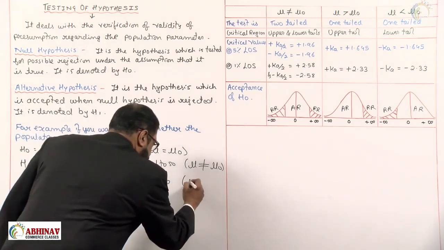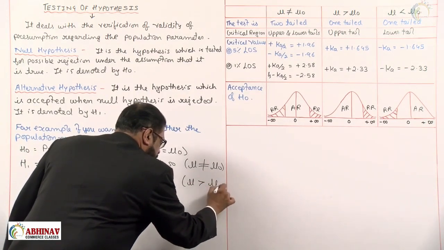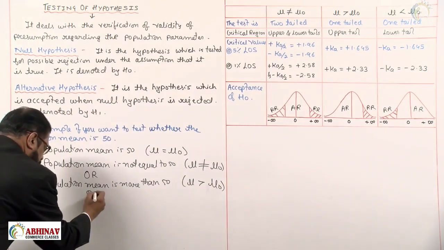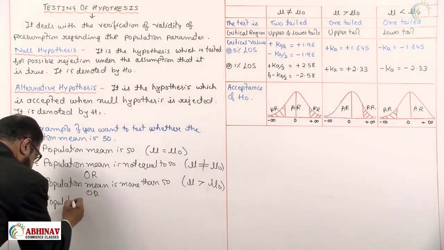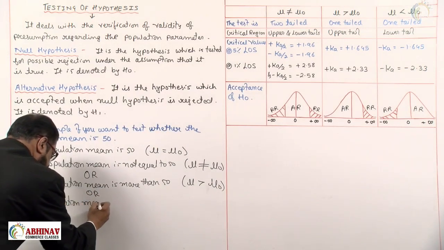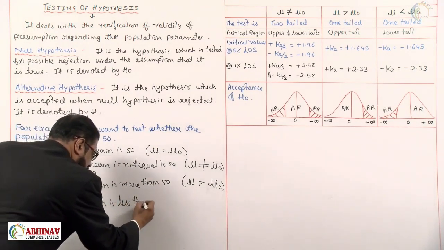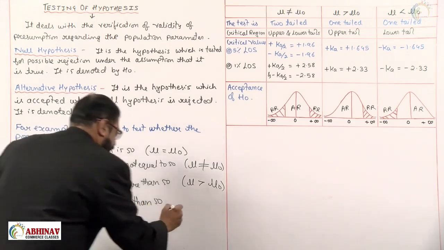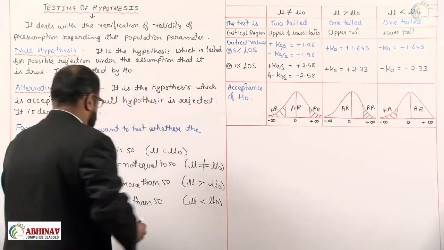More than 50 means your mu is more than 50, or say mu naught. One more way: population mean is less than 50. So mu is less than mu naught.